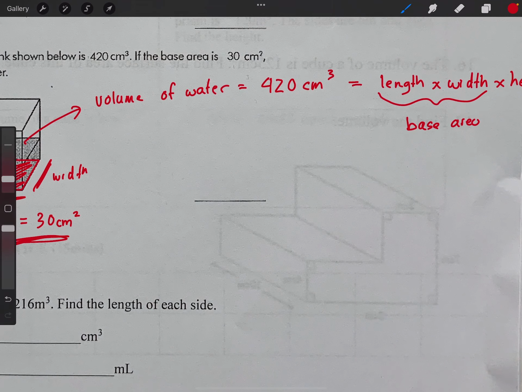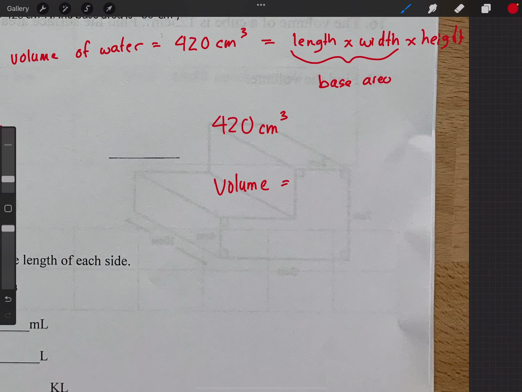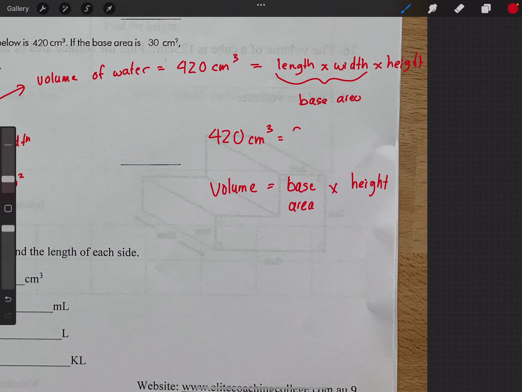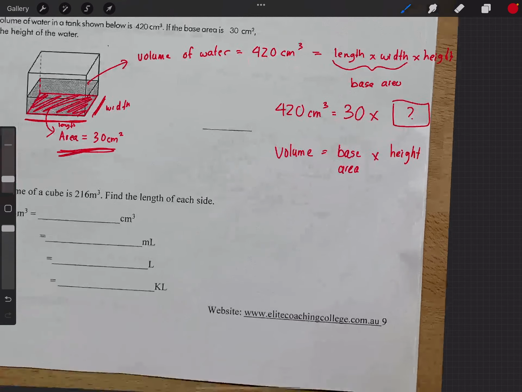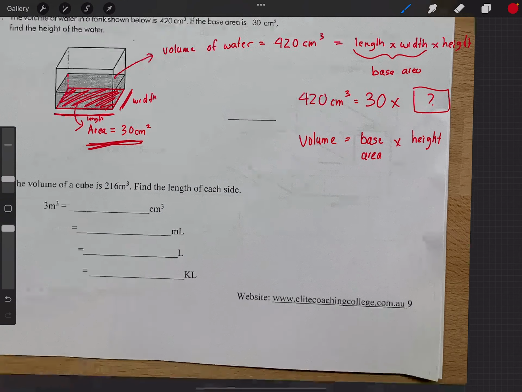Okay, so that means that the volume, 420 centimeters cubed, is equal to base area times the height of the water. So 420 is equal to the base area, which is given to us as 30, times the height, which we don't know. So you have to figure out what that number is.